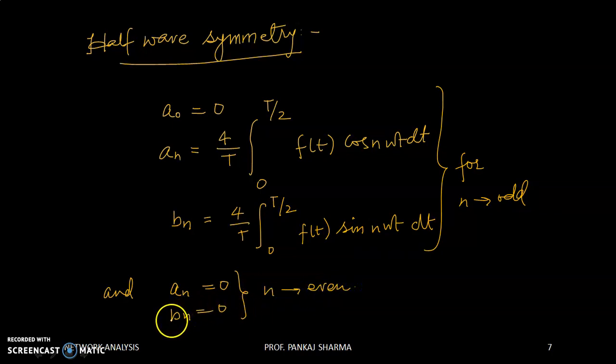This is the complete half-wave symmetry, so we have to keep in mind this thing and this thing. When n is odd, these are the two possibilities for an and bn respectively, and when n is even, an is equal to 0 and bn is equal to 0. This is widely used while doing numerical calculations.